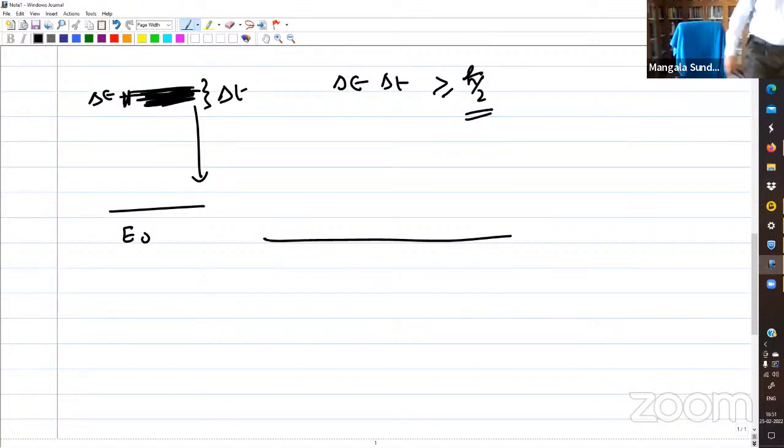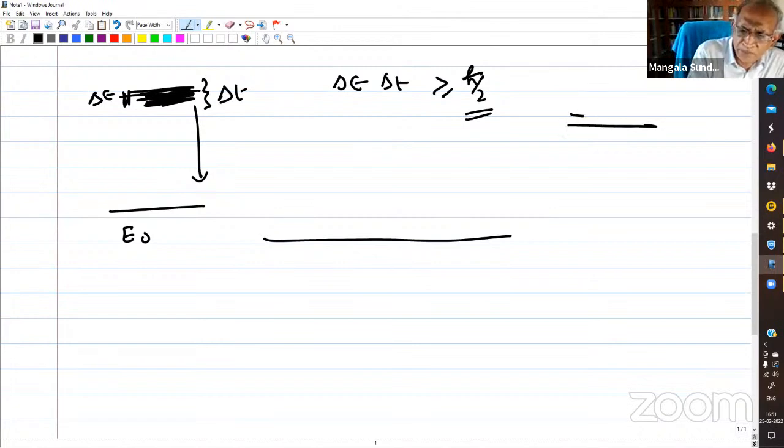So the excited state has to have a spread in its energy. What it means is that if you have many molecules, some molecules may be within this spread delta E, some may be here, some may be here.